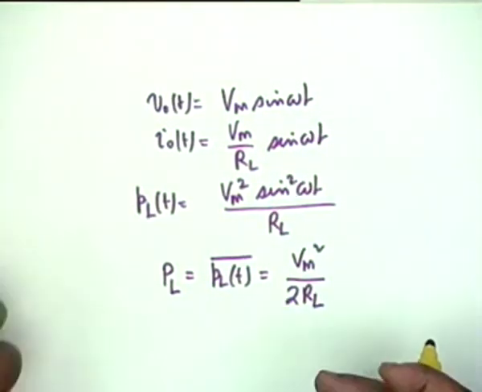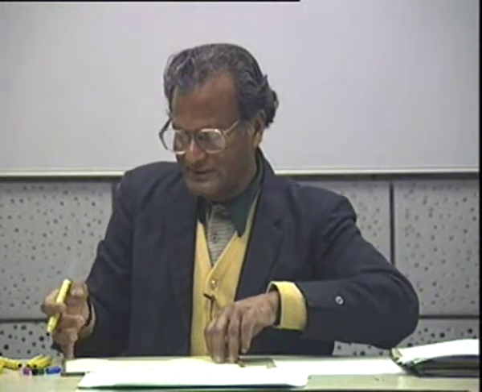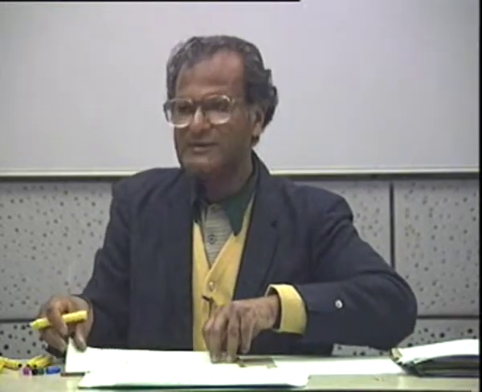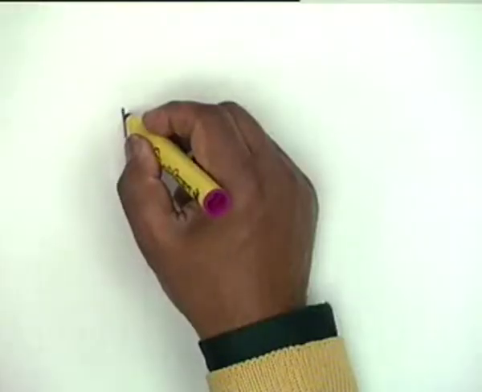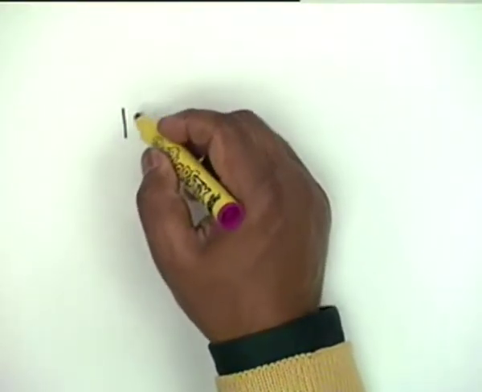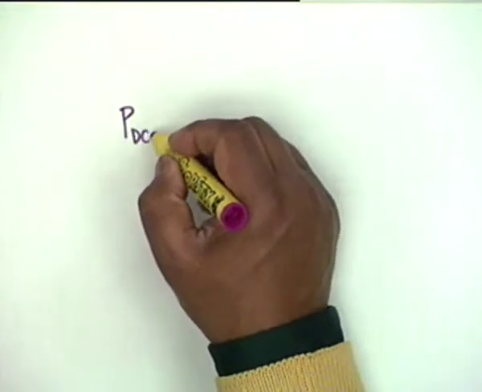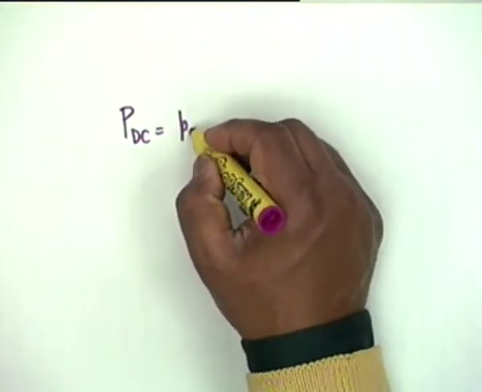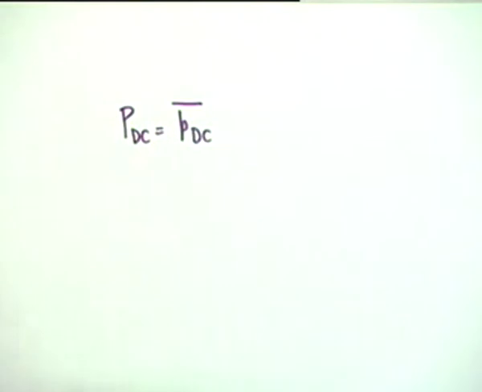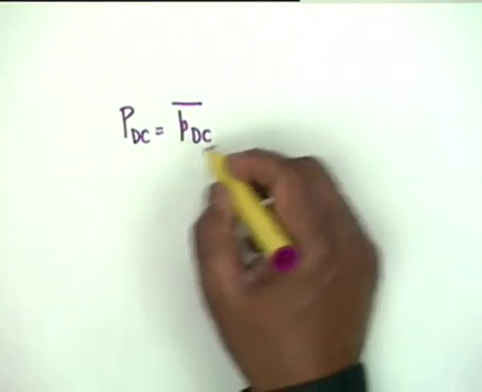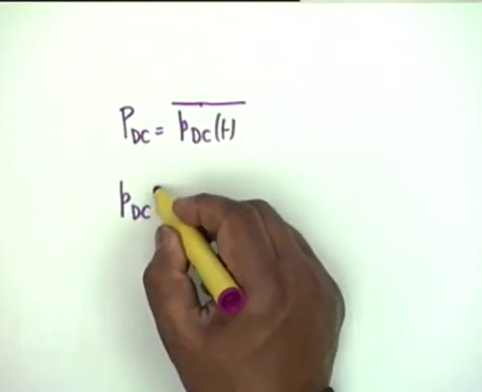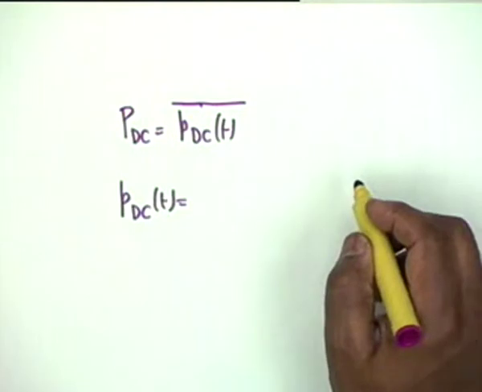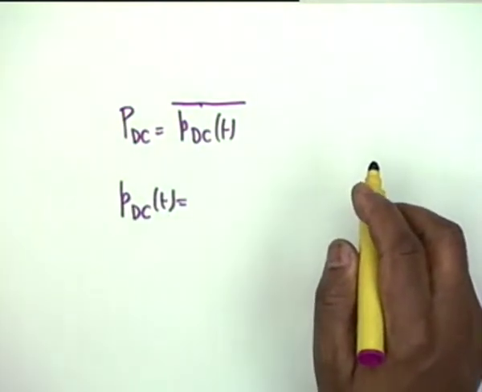Okay. Now, what about the DC power supply, PDC, which is equal to the average of small pDC? Let's see what small pDC(t) is when Q1 conducts.